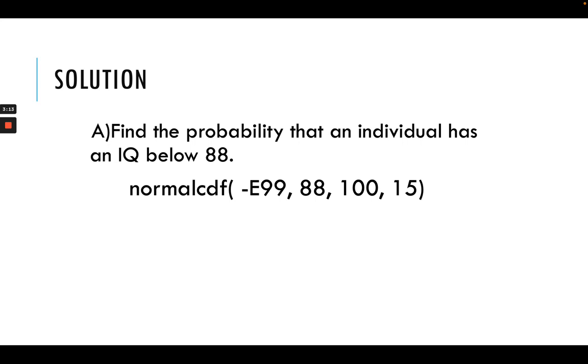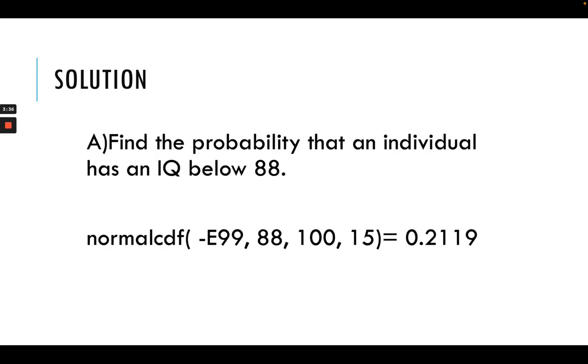And so if you want, you can pause the video, see if you can put this into your calculator, and see if you can find that probability. And so if you put that into your calculator, you should come around 0.2119. And so there's the probability that an individual has an IQ below 88.